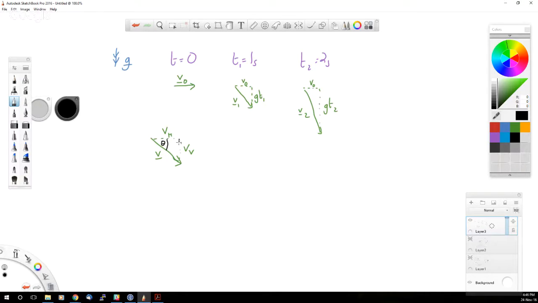Now these are right angles to each other, the horizontal and vertical components. So the magnitude of V squared equals VH squared plus VV squared. And we can see that tan of theta is opposite over adjacent.